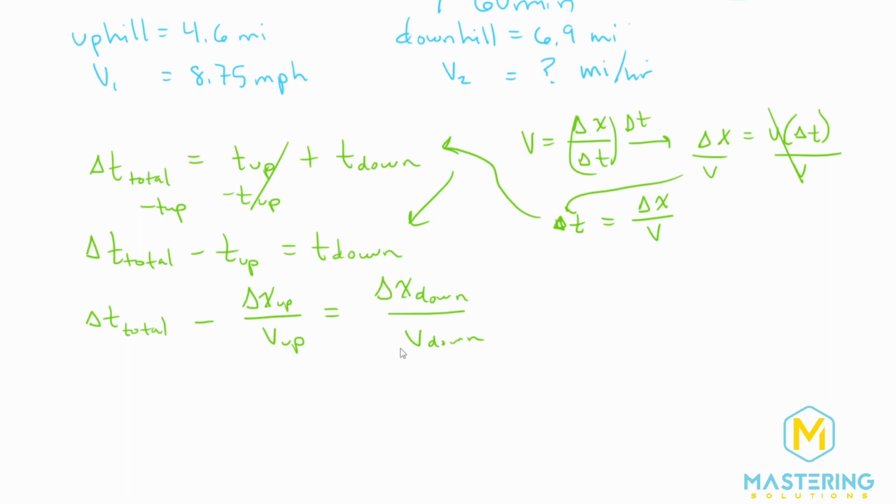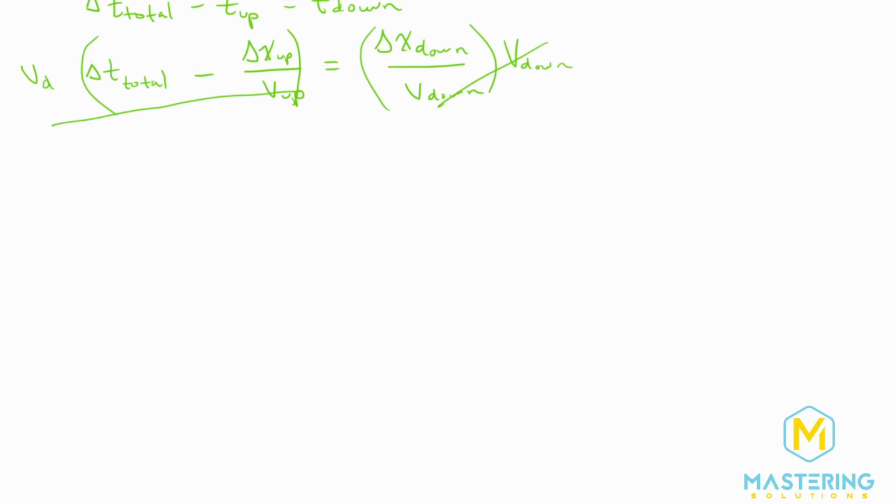So now we need to isolate the velocity for going downhill. To do that, I'm not going to write it out, but essentially we're going to multiply both sides of the equation by velocity going down. That cancels. We'll multiply all of this by that, so we'll have v down. And then we're going to divide both sides of the equation by this whole phrase right here. So now when we rewrite that, we will have isolated the velocity for the downhill section.